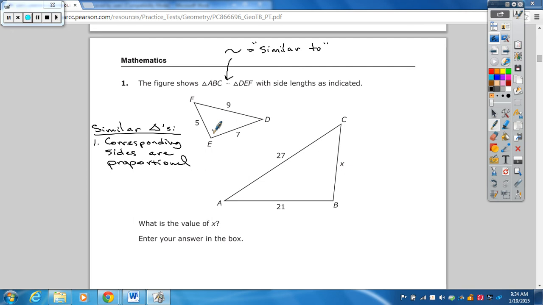If we match up the next smallest side, AB, with ED, they're in the same ratio to each other. If I reduce 21 over 7, the scale factor for these two figures is a ratio of 3 to 1. And if I match up the longest sides with each other, you can see that the scale factor would again be a ratio of 3 to 1, or you could say 1 to 3, whichever way you're looking at the scale factor of the two similar figures.